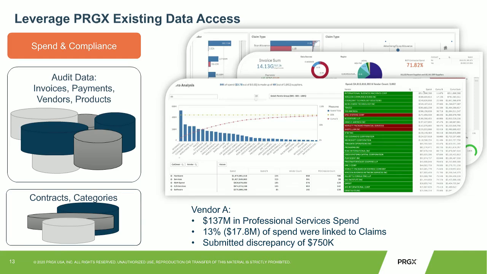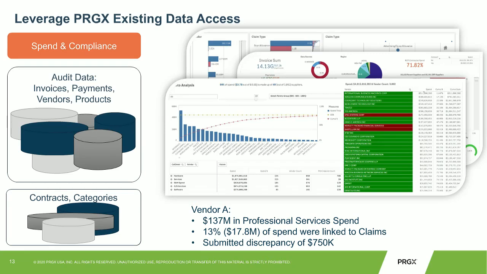We spent $137 million with them last year. And what the recovery audit activities show is that actually 13% of that entire spend is linked to a number of claims, right? So our auditors went and found that these invoices and these payments had some discrepancies and had some issues. Those have been flagged.